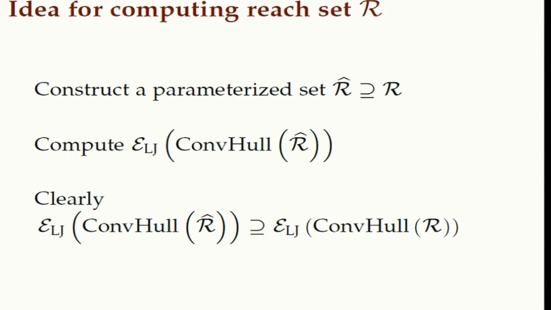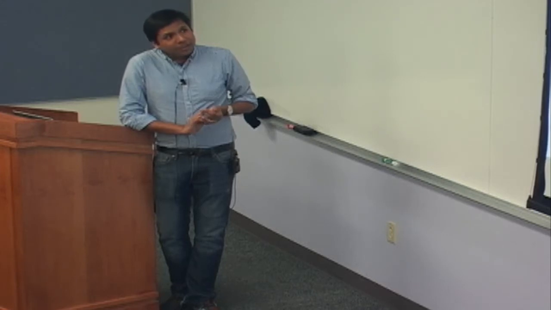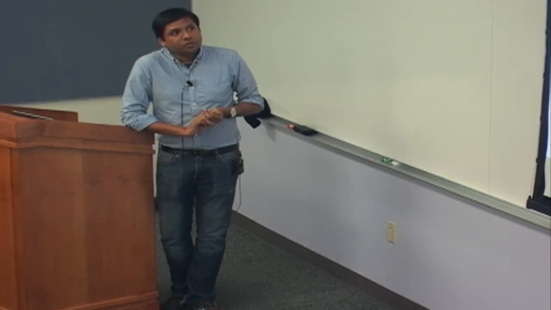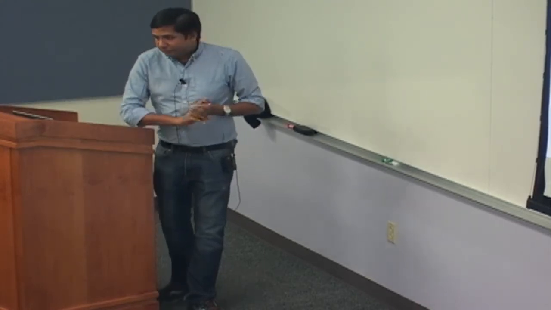So R hat will be a superset of R. I'm going to construct a parameterized set which will be a superset of the original set R. The only complication is that I actually do not know R. I don't know how to compute R. Without actually computing it, I'm going to construct a parameterization which will be a superset. And then of course, if I take the convex hull of it and then apply the Lohner-John operator, it will preserve the order.